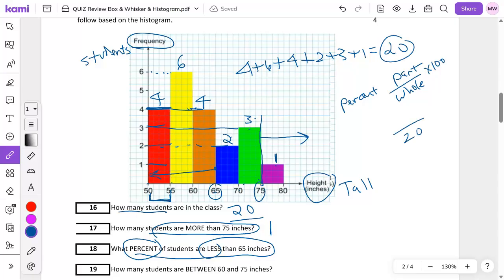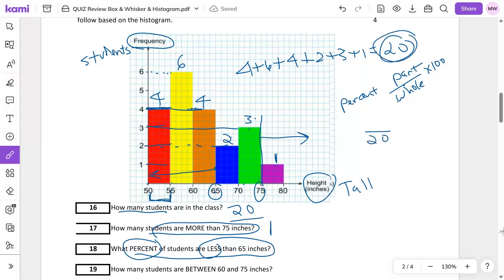What is the part? Well, it's less than 65, so 65 is right here. That means we have to add this 4 plus 6 plus 4. So that's 14. And then times 100. So first 14 divided by 20 and then times 100. If you did it on your calculator, you should get 70%.